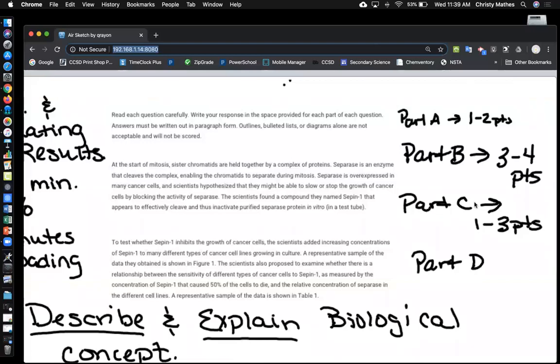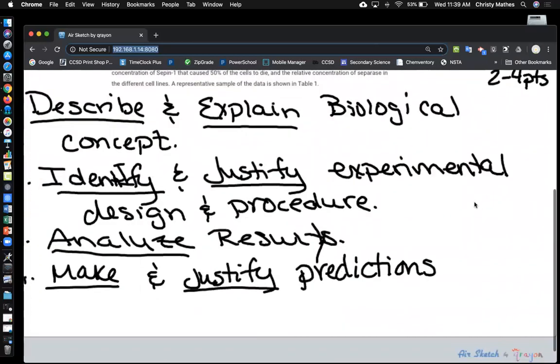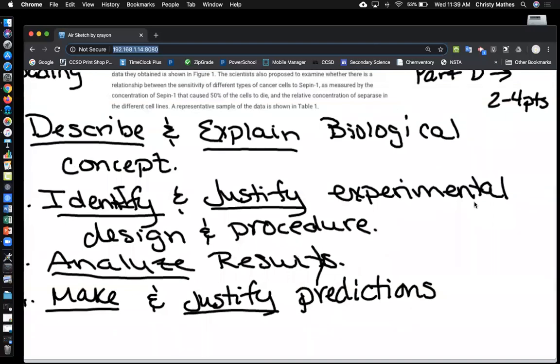Part D then is going to be worth the most points. It's going to be 2 to 4 points. And that's easy to see because we're actually taking all of the work of the scientists, all of the work that we've looked at and analyzed, and we're doing something with it.